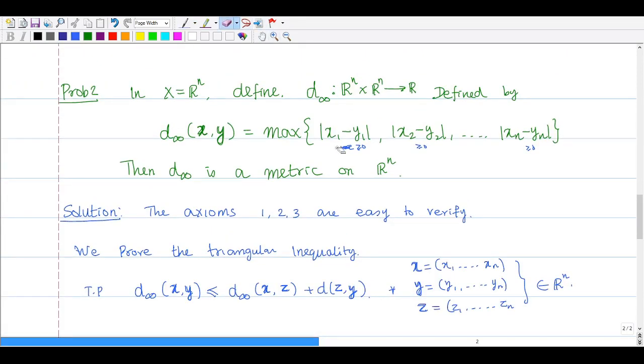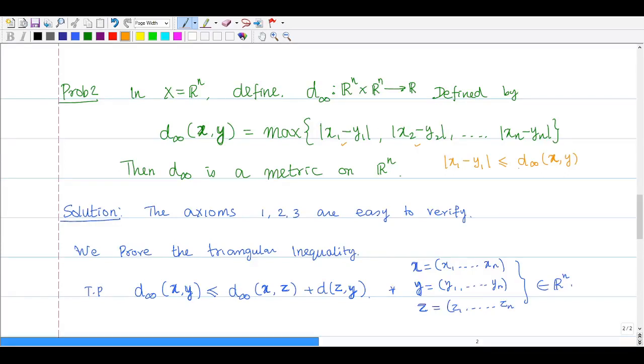I can write it in this way: இந்த term எல்லாத்துக்கும் maximum யாரு இவன், then by the definition I can write modulus of x1 minus y1 is less than or equal to d infinity of x comma y, because இந்த term எல்லாத்துடைய maximum தான். ஒருவேளை இதுதான் maximum-னா இதே வந்துரும், இல்லனா வேற maximum இருக்குனா இது சிறுசா இருக்கும்.